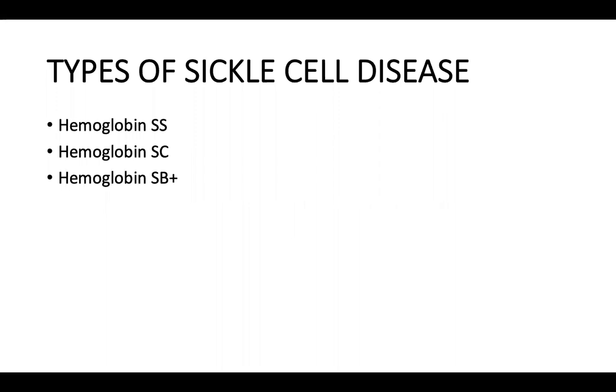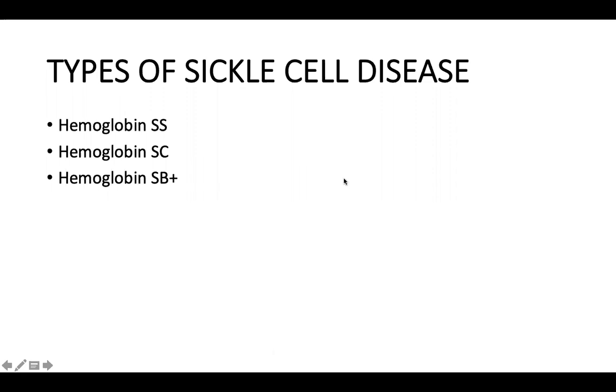Now, hemoglobin SS is the worst type of sickle cell disease, and it's the worst actor during pregnancy. The next type is hemoglobin SC. So you will have hemoglobin S on your electrophoresis and hemoglobin C. Basically, the only difference between S and C is 1 amino acid.